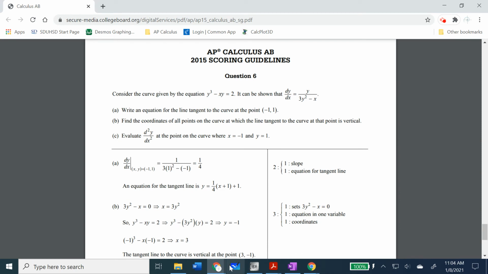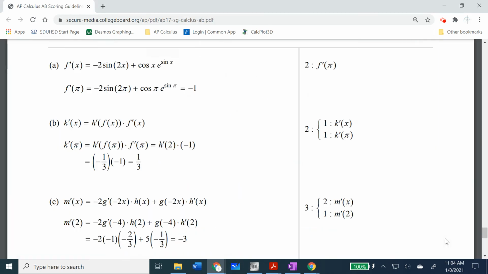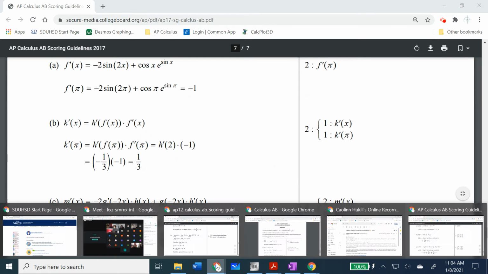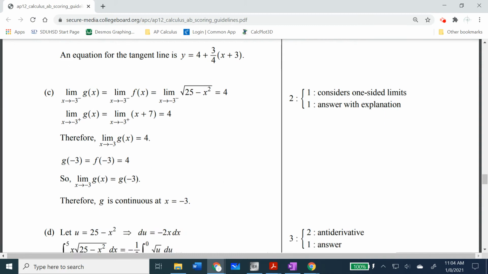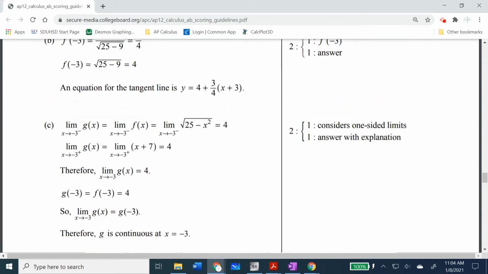No, that was another one. That was another one. There it is. All right, so you can see how they wrote it out and that's what they considered sufficient.